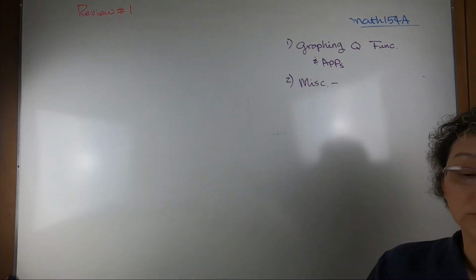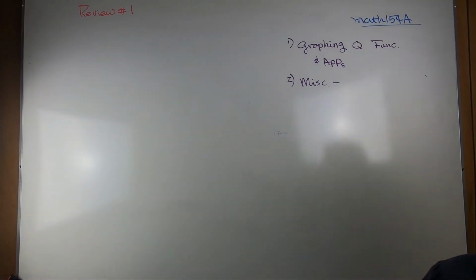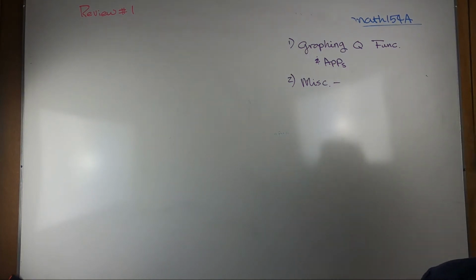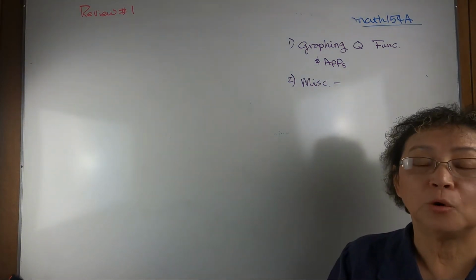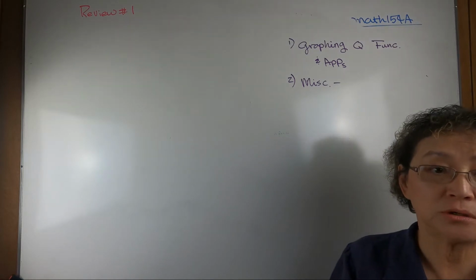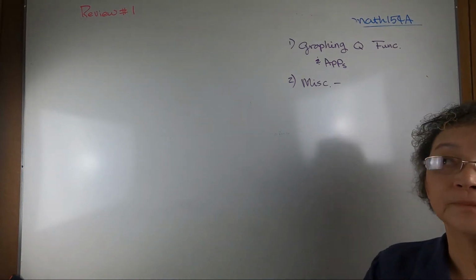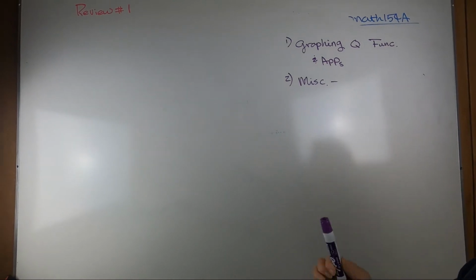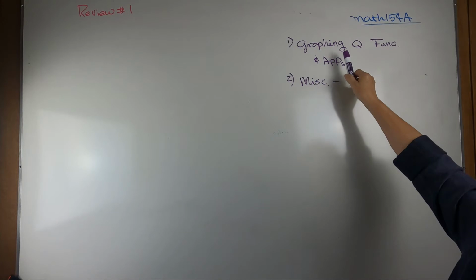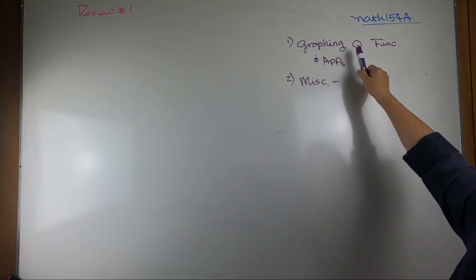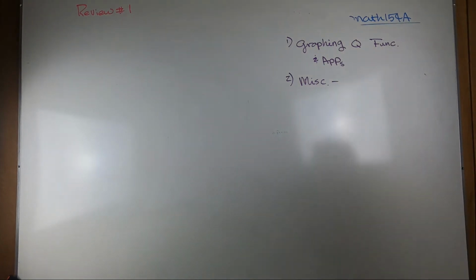We are doing review 1 for your exam 1. So what would be your exam 1? What we have learned so far? One main thing we are learning is graphing quadratic functions.